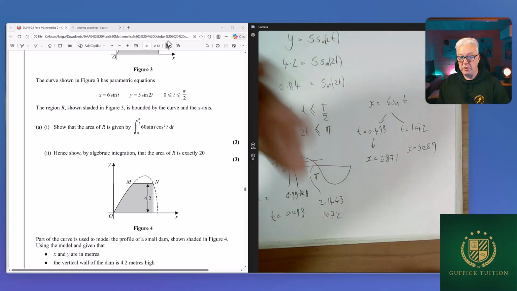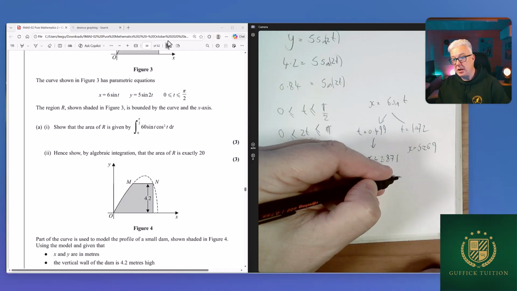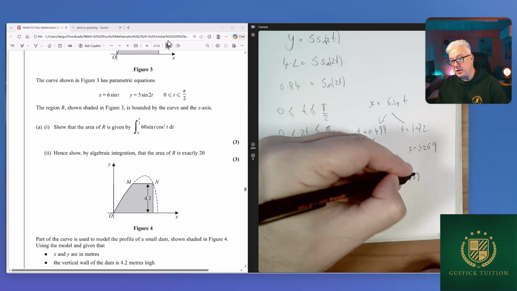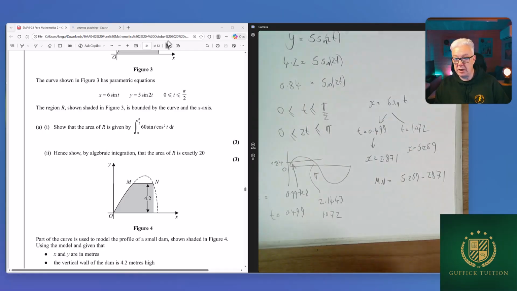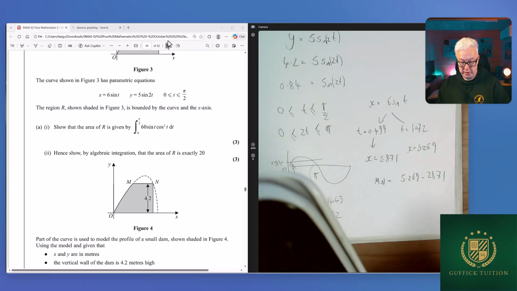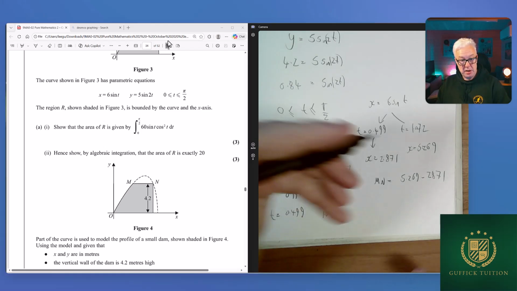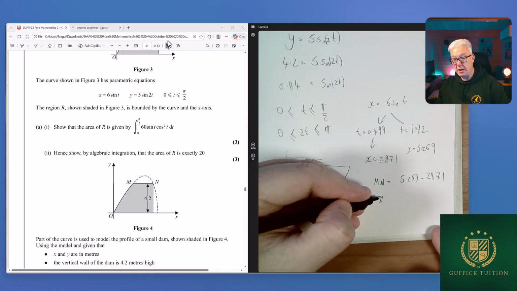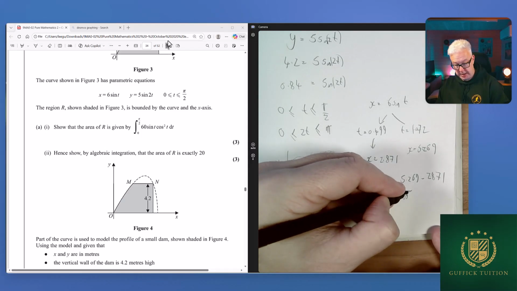Therefore, the width of the dam, which is mn, is going to equal 5.269 minus 2.871, and that gives us 2.398.